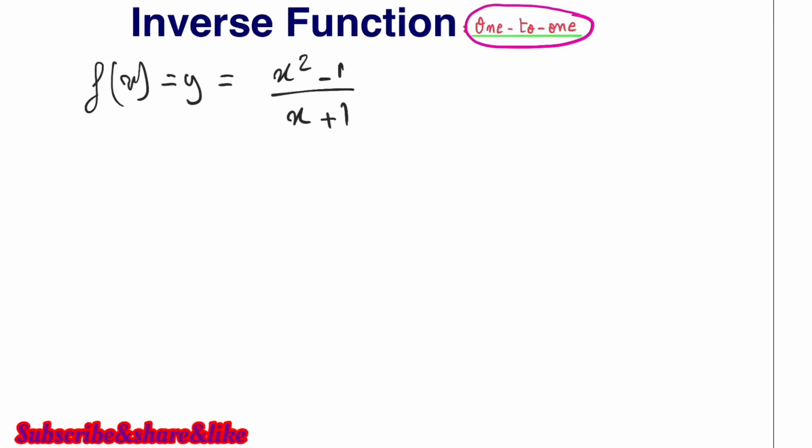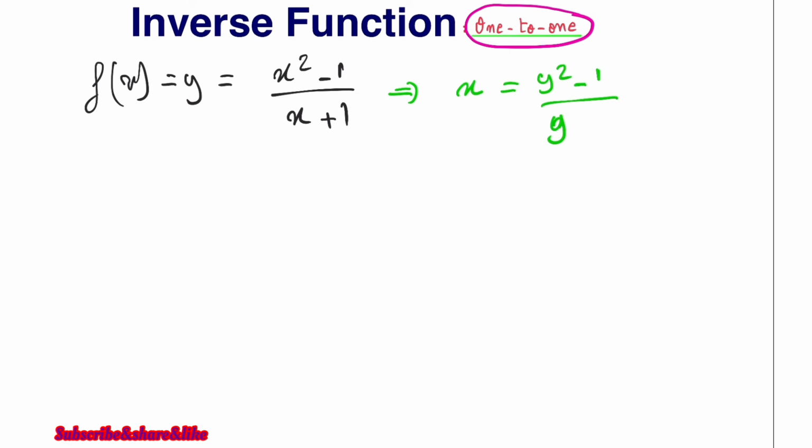We switch between x and y. We put x here and y in place of all the values of x. So what we're going to get is x is equal to y squared minus 1 over y plus 1.